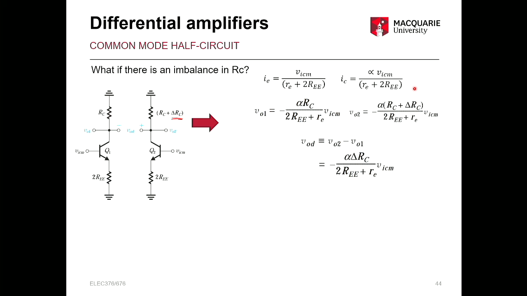If we look at our differential output, again, remember we're in the common mode, so typically this would be 0, but now we have this imbalance. And we have this expression. If we look at that in terms of gain, we just divide by that VICM, so it simplifies slightly.